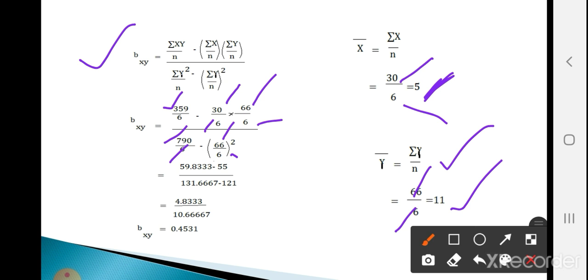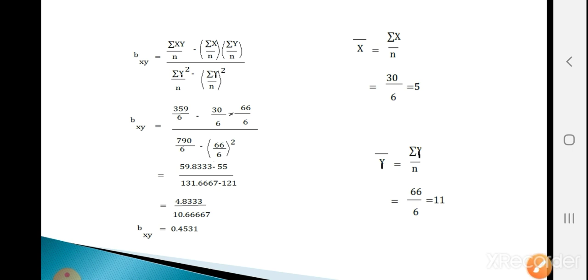Then 359 divided by 6 is 59.833, minus 30 divided by 6 is 5 and 66 divided by 6 is 11. So 11 into 5 is 55. Now the whole divided by 790 divided by 6, that is 131.6667, minus 66 divided by 6, that is 11 square, that is 121.